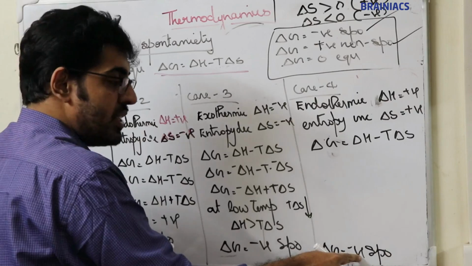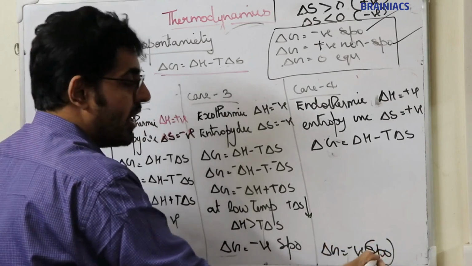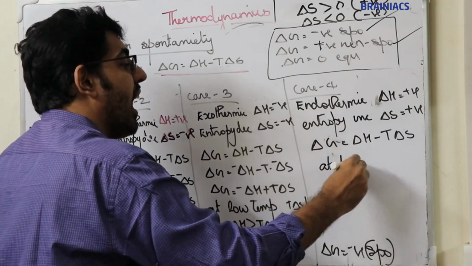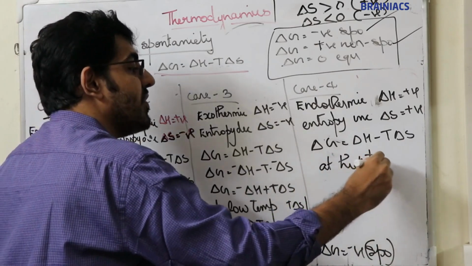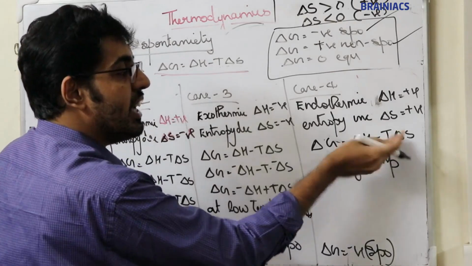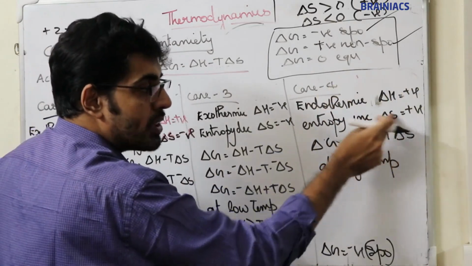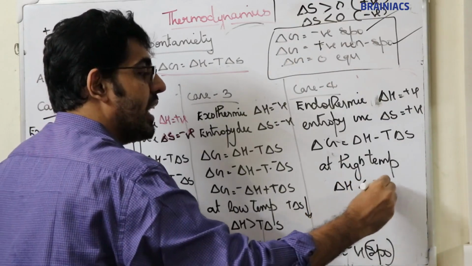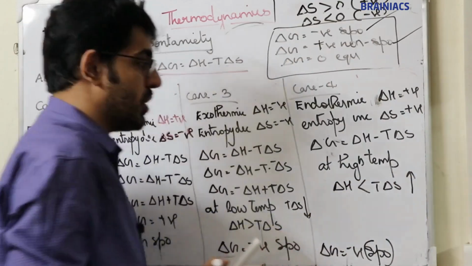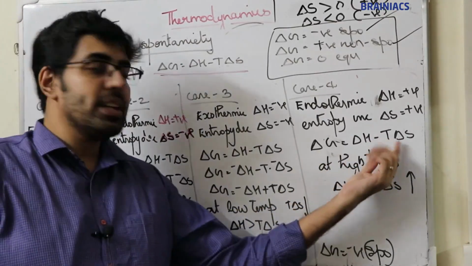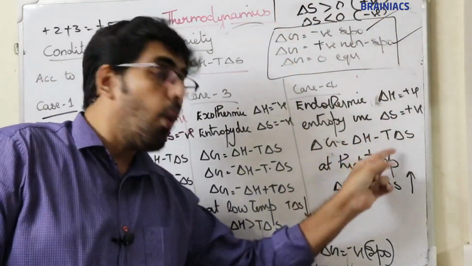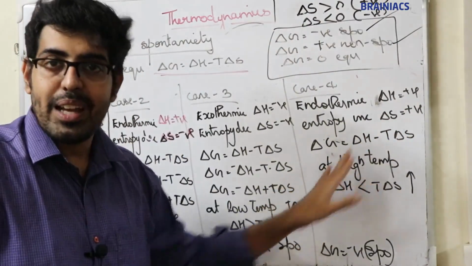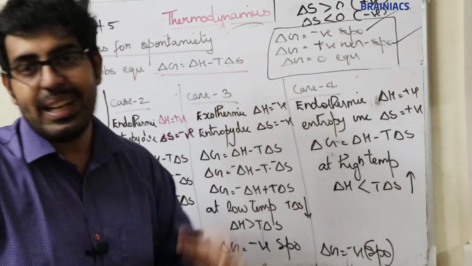If delta G value is negative, then those reactions are spontaneous, and that will happen only at high temperature, because at high temperature T will be greater, so the whole term T delta S will be greater than delta H. At high temperature, temperature value increases, the whole term increases, obviously it will be greater than delta H, so delta H is less than T delta S.